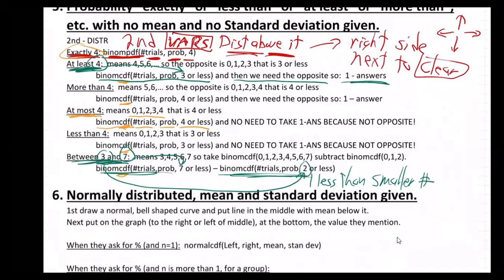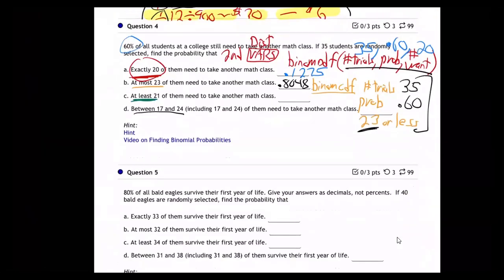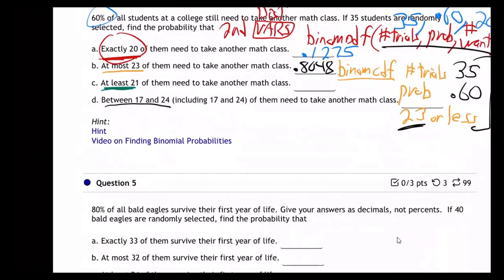The 2 there, which is 1 less than 3. 3 minus 1 is 2. So it's 2 binom CDFs, and you've got to subtract them. And the second one has got to be 1 less. So let's do it. The game plan is binom CDF.